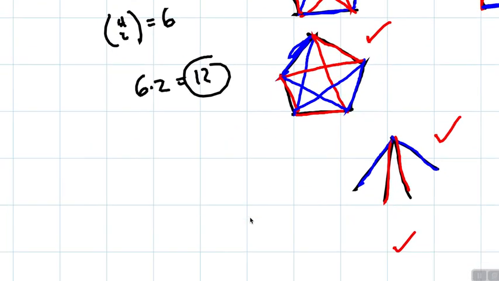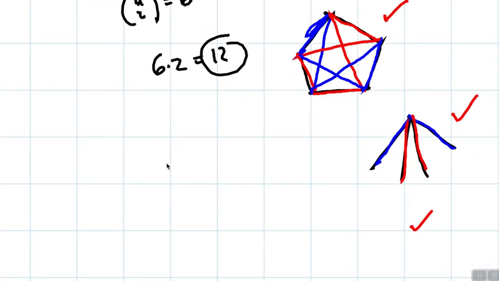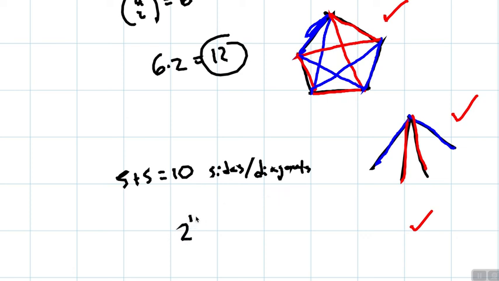That then leads us to look at the bigger picture. So since there are 5 plus 5, 10 sides and diagonals total in a regular pentagon, and we can color them either red or blue, that means that there are 2 to the 10th, which is 1024, configurations of how we can color this regular pentagon.